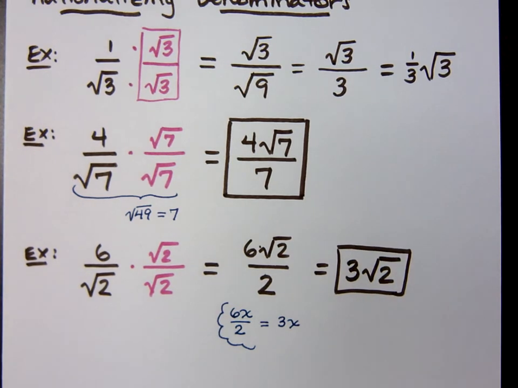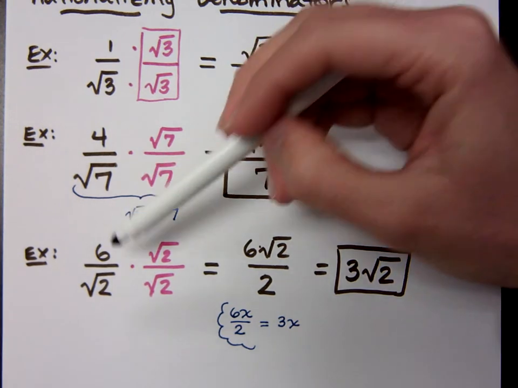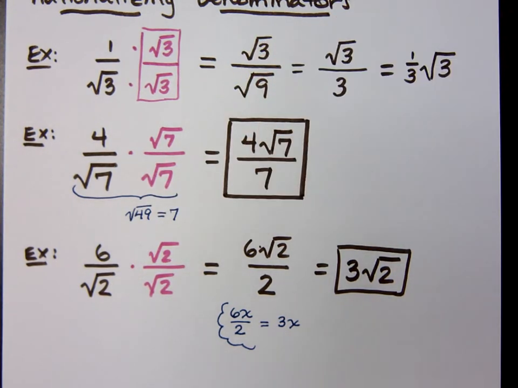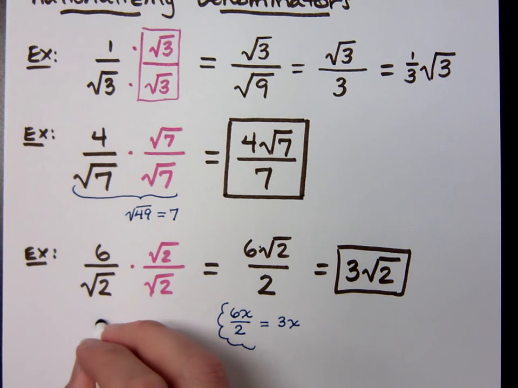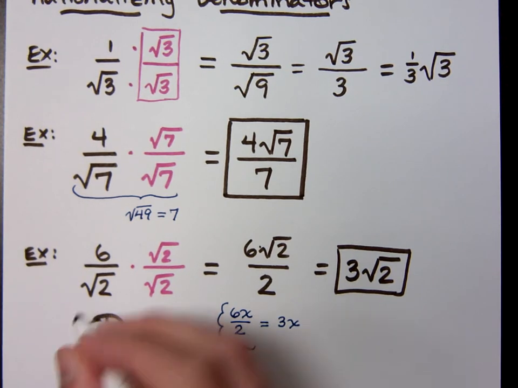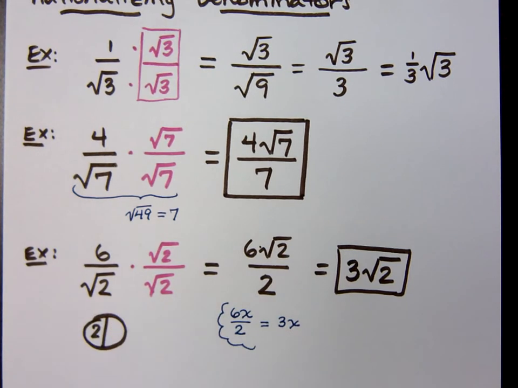So I went from having an expression with a denominator with a radical to one that doesn't have a radical in its denominator. And the way I did that is that I multiplied times the square root of 2. And this may help you out if we do this. Inside my radical, I have a factor of 2.